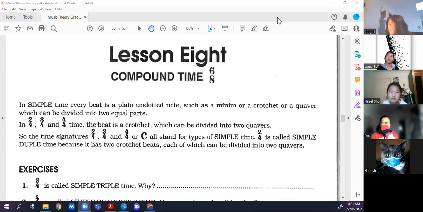So can anyone recall their knowledge of time signatures and tell me what 6/8 actually means in terms of the top number and the bottom number? Hazel?